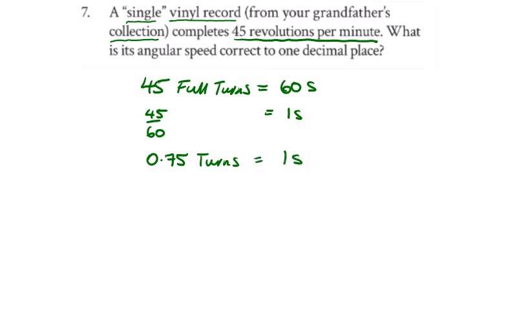We want the angular speed correct to 1 decimal place. So if this is the record, if it goes from here all the way back around, it goes a distance of 2π.